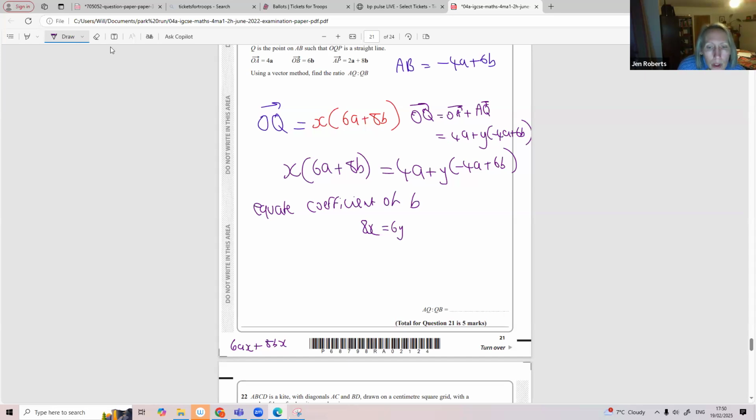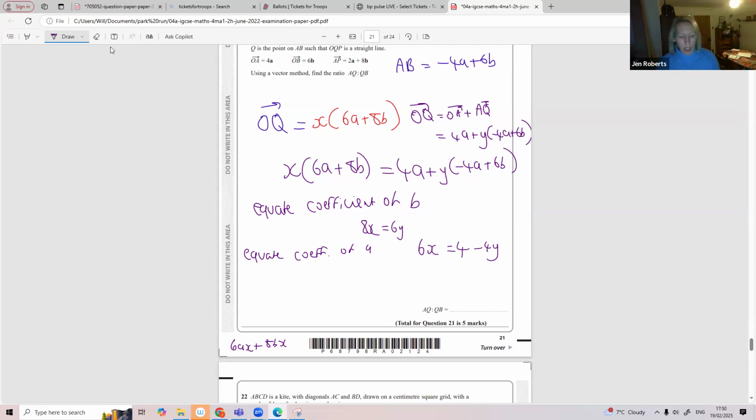I'm also going to equate my coefficients of A. The coefficient of A here is 6X. The coefficient of A here is 4 plus, well, if I expanded these brackets, it'd be minus 4Y.